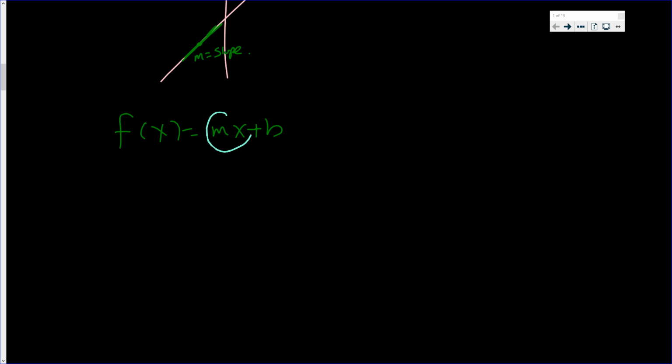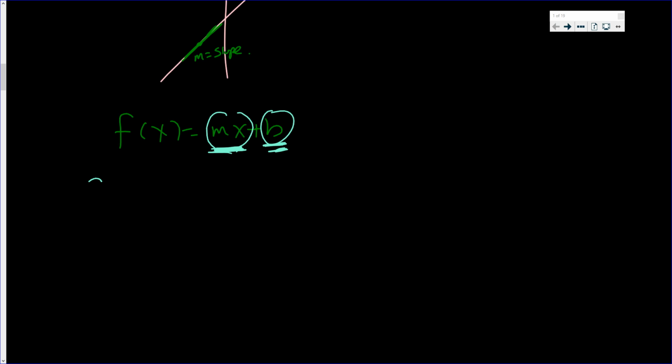We have our sum here, so the derivative will be the derivative of this plus the derivative of that. But this is just a constant. That derivative will be 0. So a takeaway from this theorem is that the derivative of a number times x is going to be m. It's going to be that number.